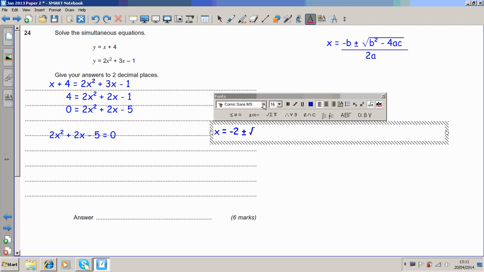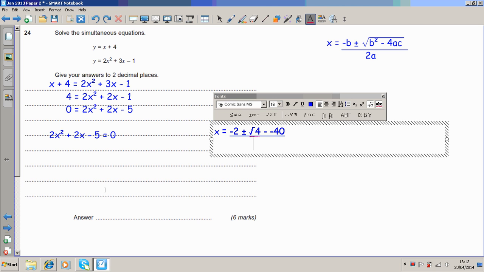There we go. So then b squared, that's 2 squared, which is 4, minus 4 times a times c. So 4 times a is 2 and c is minus 5. So 4 times 2 is 8, times minus 5, minus 40. And that's going to be all over 2a. Well, a is 2, so 2 times 2 is 4.